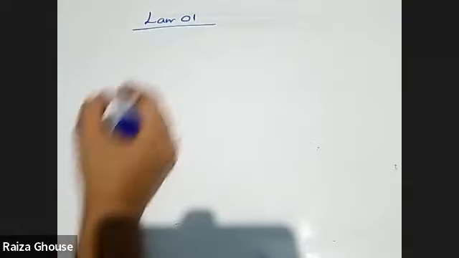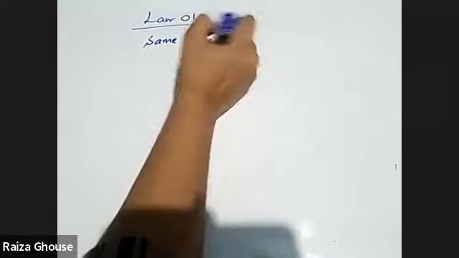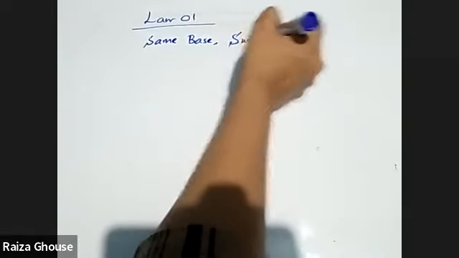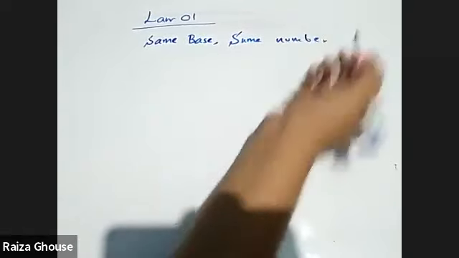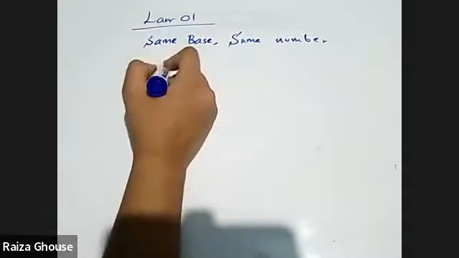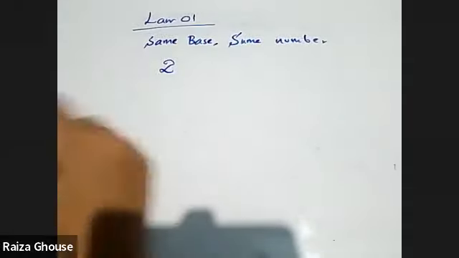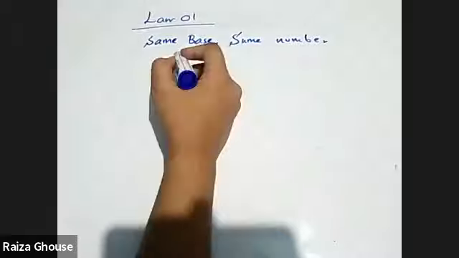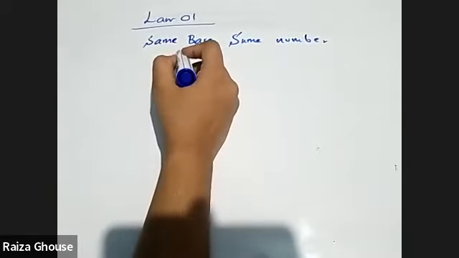Don't write anything, I'll give you time. Law 1. In this case, if I take the same base with the same number, what did I say? Same base, same number. For example, let me take 2 to the power 1.